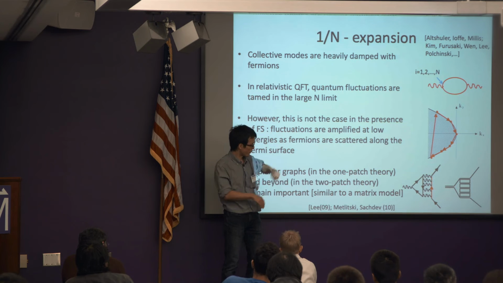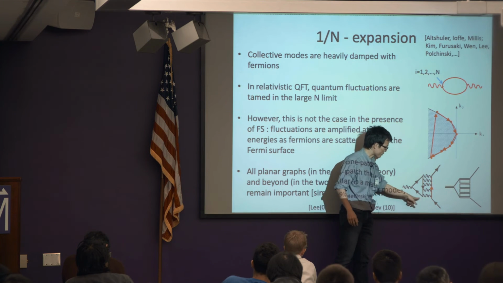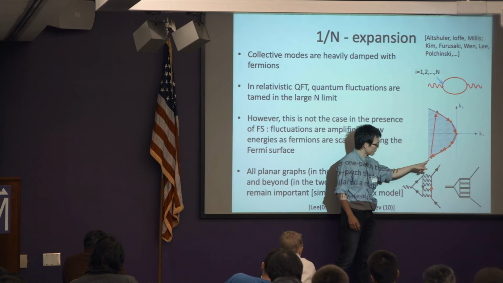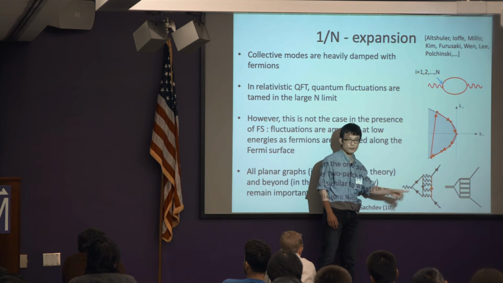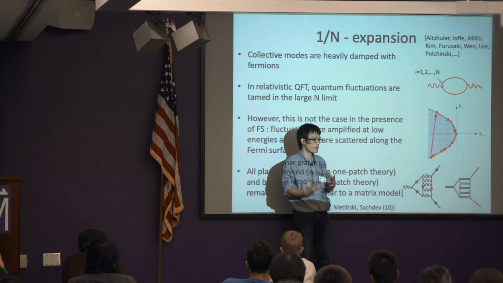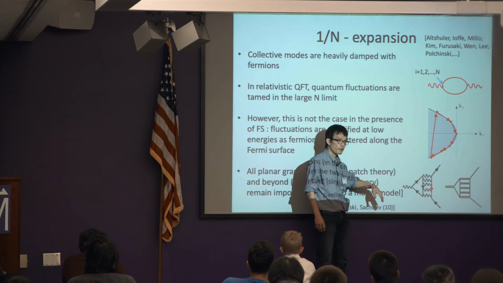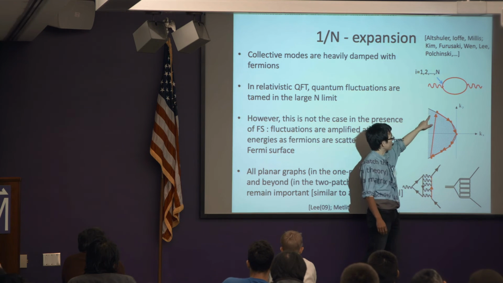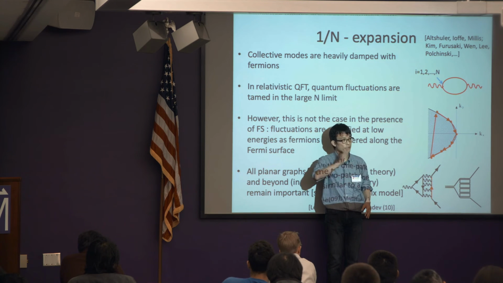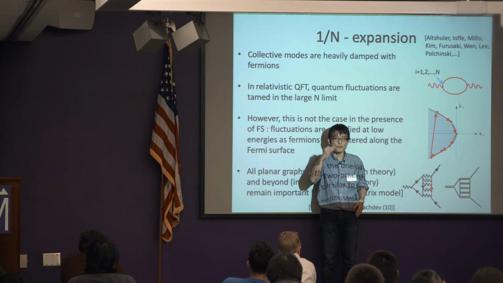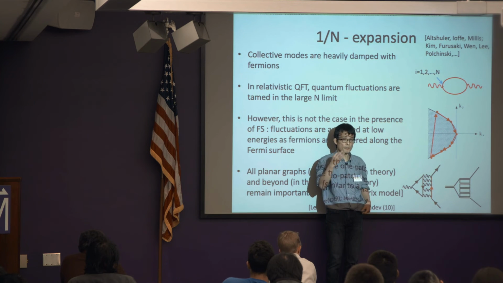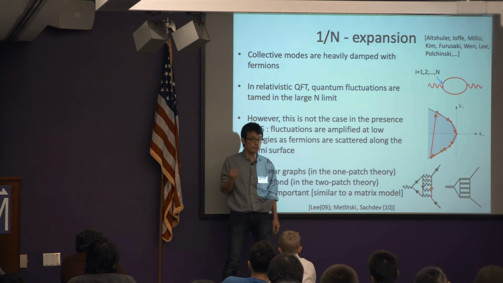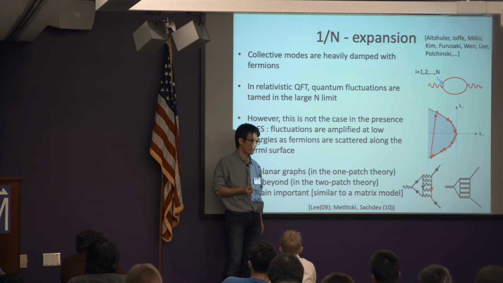If you have this kind of high order vertex correction between this boson and fermion, naive 1/N counting gives you very big suppression for this kind of processes. But it turns out that this fermion, as it goes through many interactions, can stay very close to the Fermi surface. And as a result, the infrared singularity can be enhanced such that this high order vertex correction is as important as the leading order vertex correction.